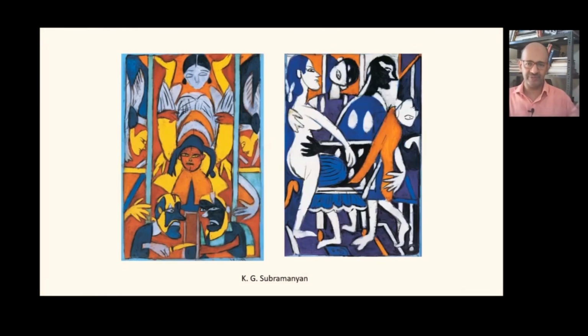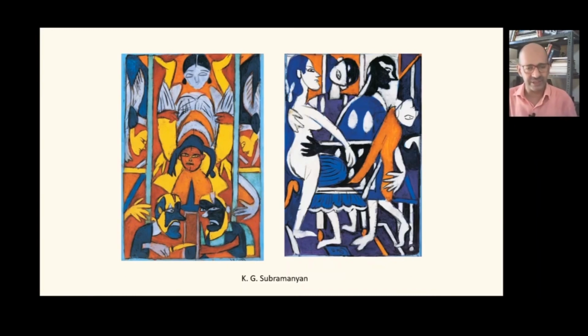Subramanian's world of imageries are like an enactment, a space for performance where all these figures keep changing their positions, expressions, and also their interrelationships.